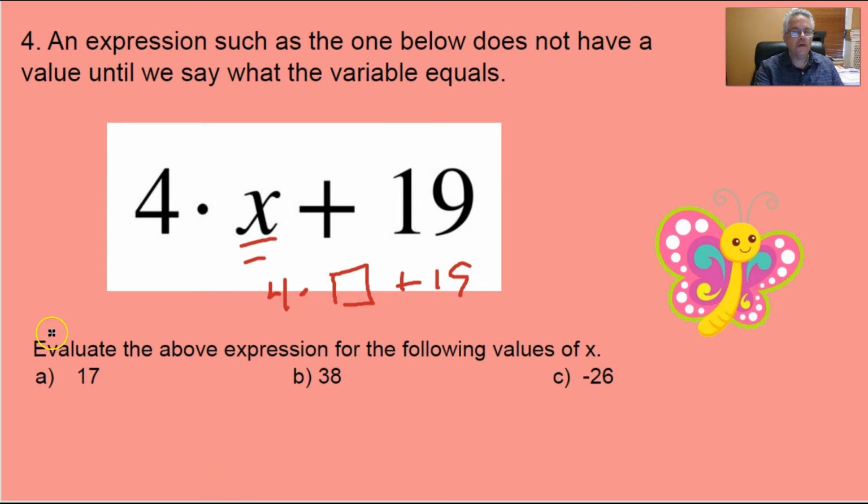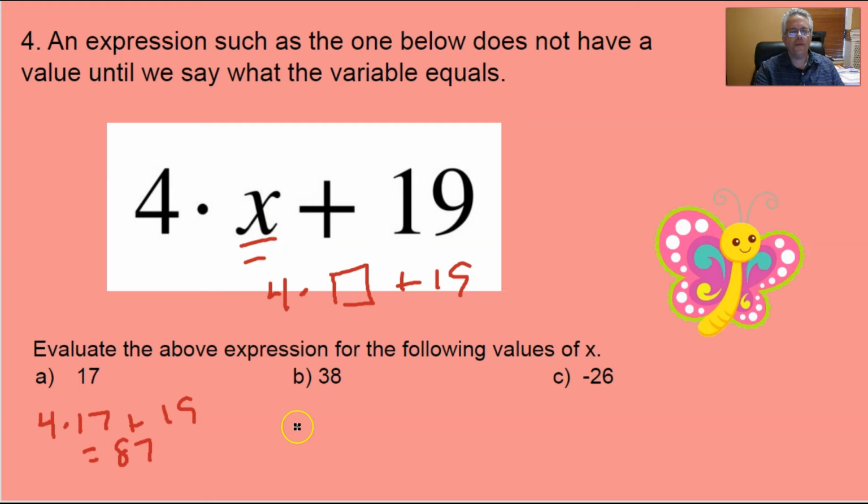Same thing. So here, if we let X equal 17, then we have a specific number here and we can find the value. So 4 times 17 plus 19. All right, I'm going to do that real quick. I get equals 87.